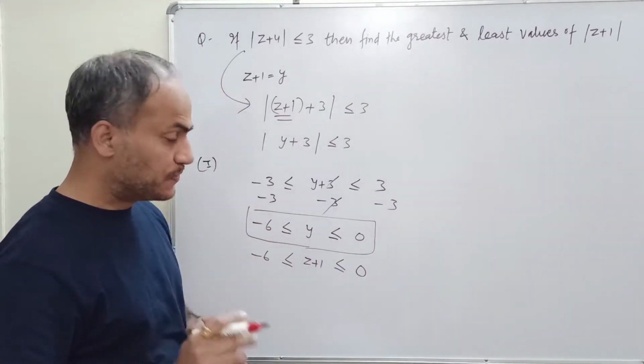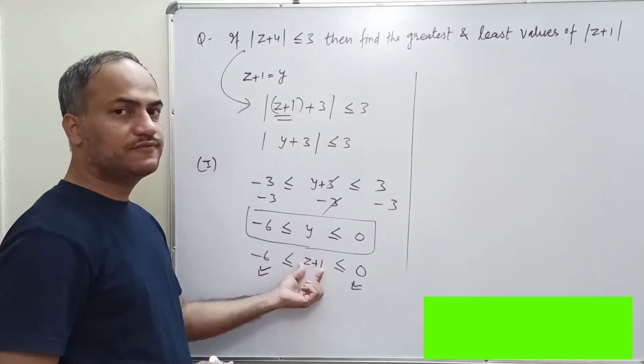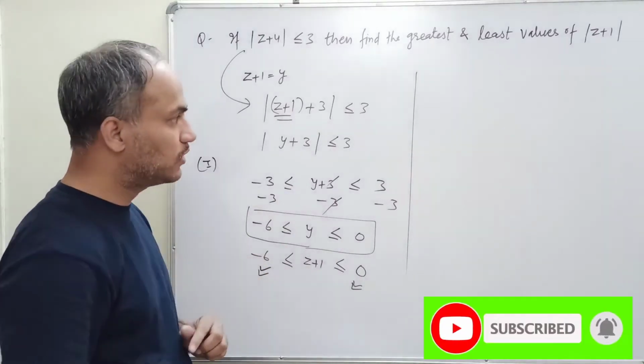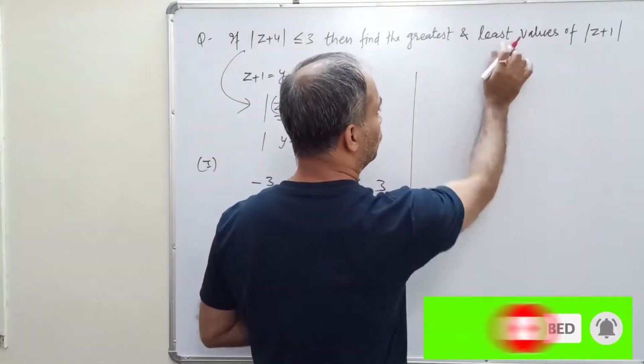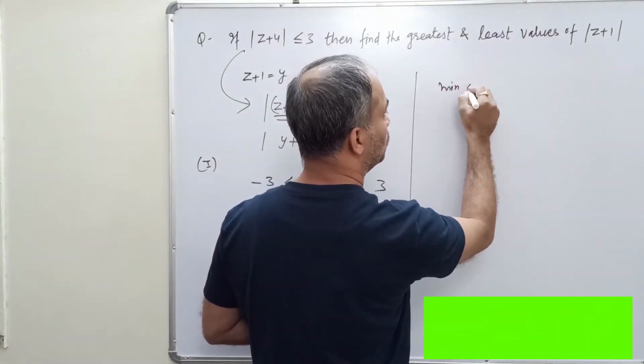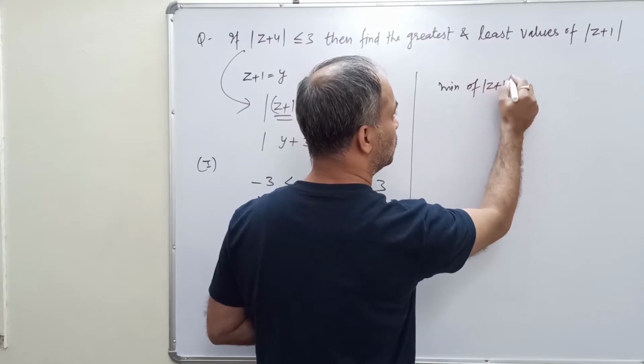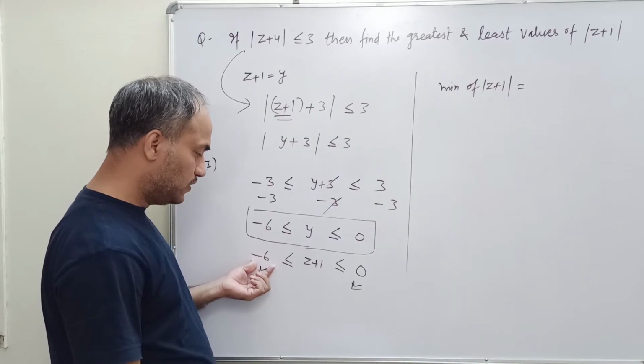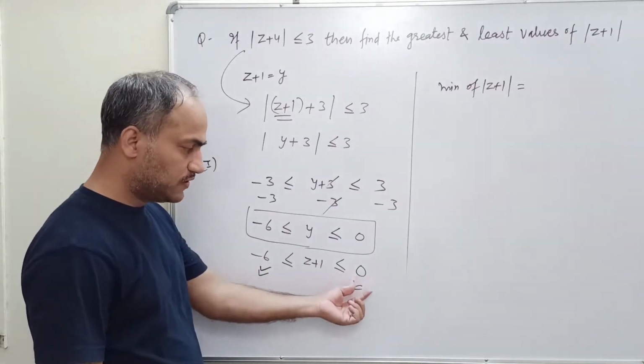But remember guys, this is not the answer. Here the values of z plus 1 are minus 6 and 0. Okay, so minimum value of modulus z plus 1 is what? Modulus of these two. Here the modulus of this value is 6 and modulus of this value is 0.